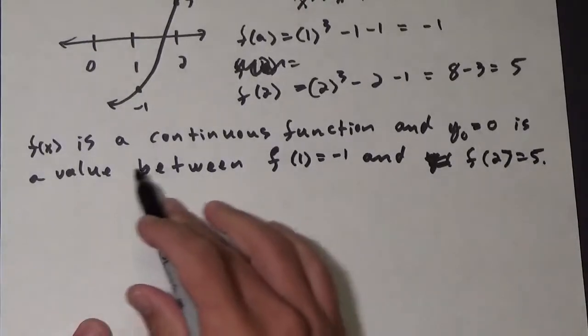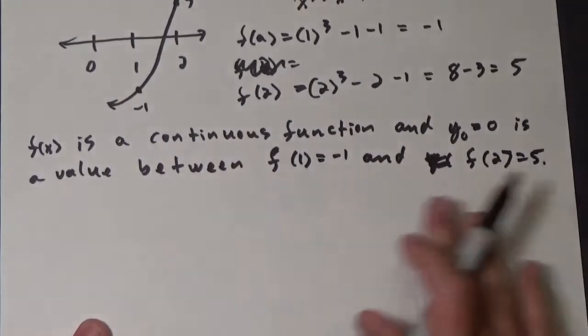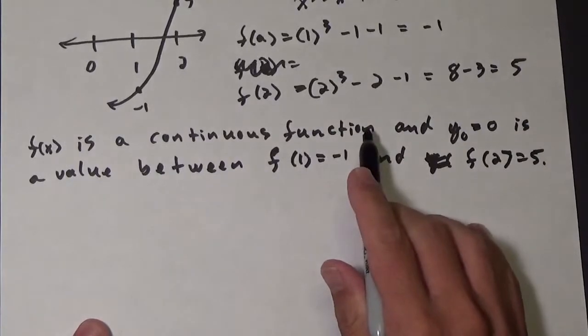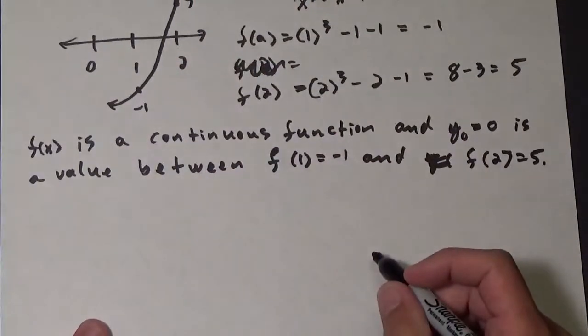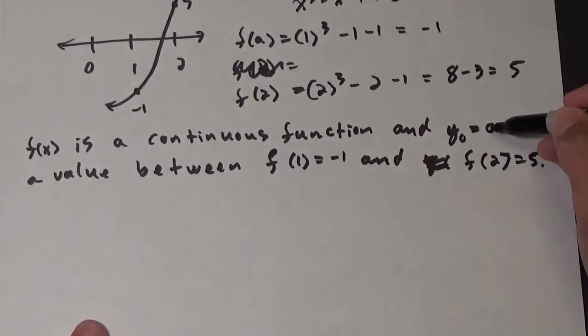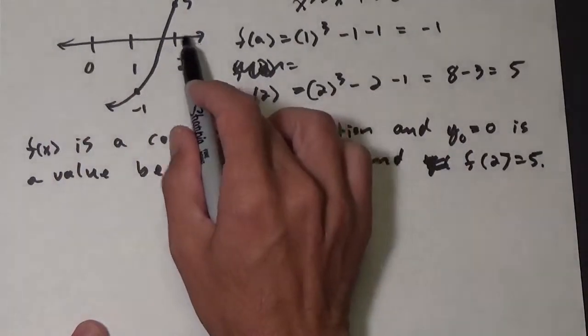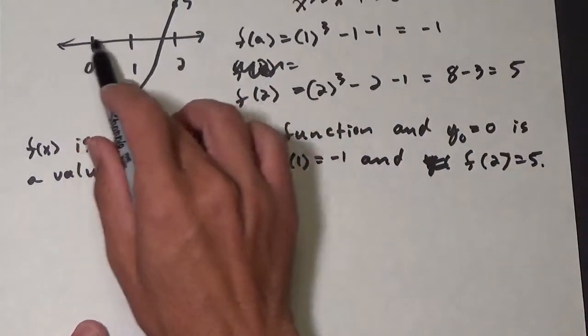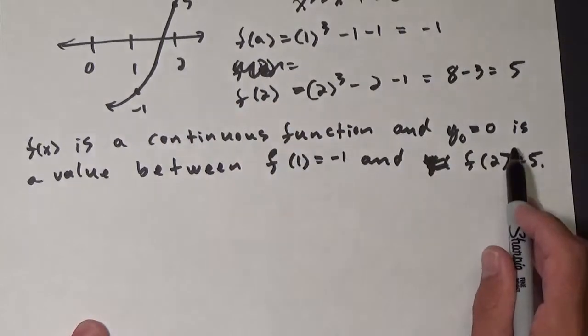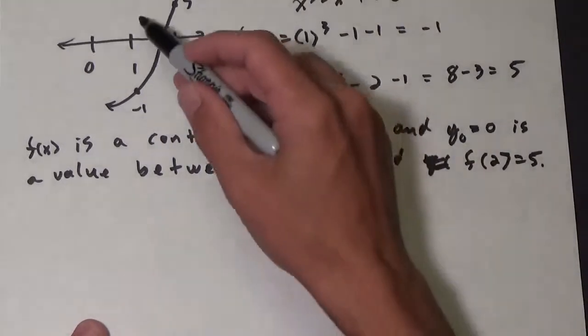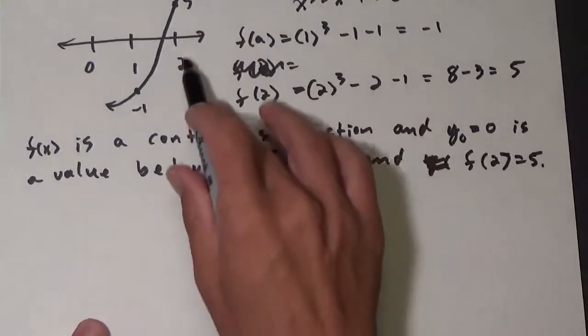Okay, so in the first part of this explanation, we said that it's a continuous function, which is key for the intermediate value theorem. We said that this y sub naught equals 0, so that means that's the value we're looking for. And it is in between negative 1 and 5.